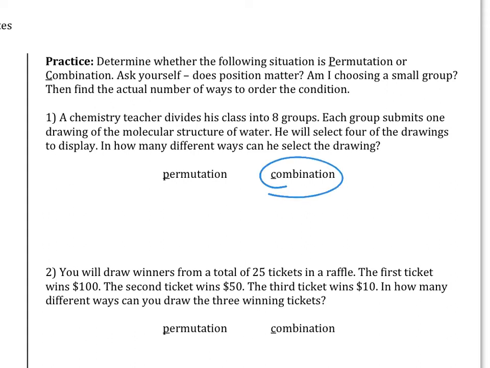So we're going to set this up. So we know this is going to be C. The total number of things he can choose from is 8. He is choosing 4 things. Now, you can use the calculator, and I'll show you when we come back to class how to use the calculator. But you can just do 8 factorial over 8 minus 4 factorial for now, and the answer is 70.